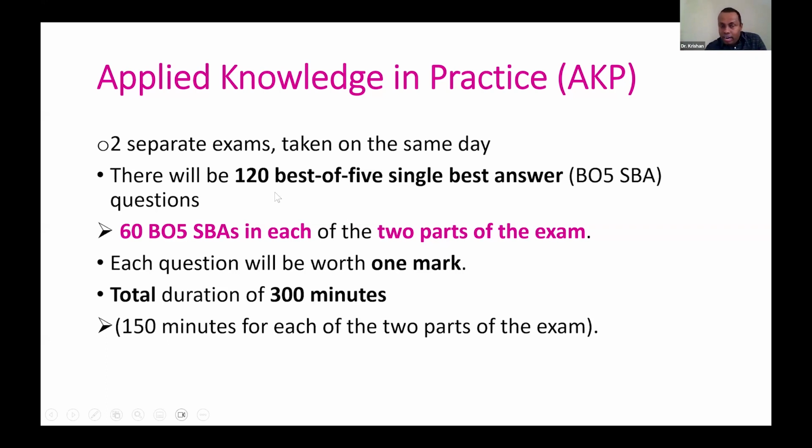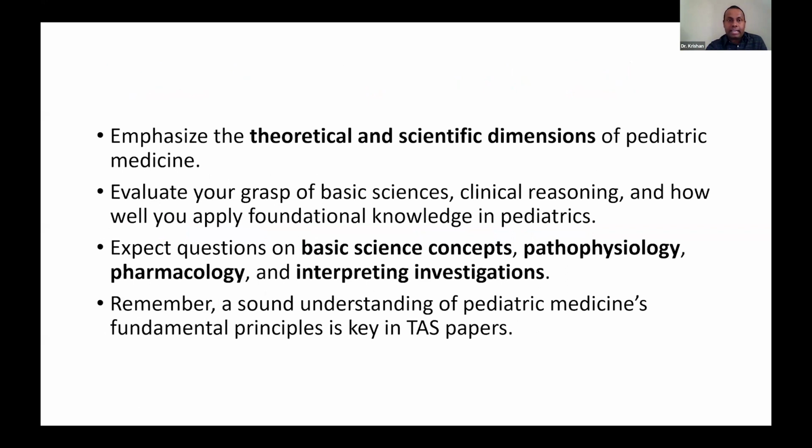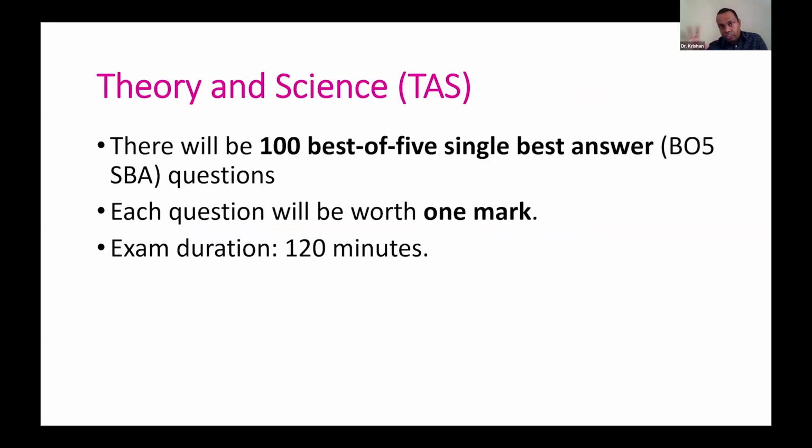So to answer 120 questions, you get 300 minutes. 300 minutes divided by 120, you get roughly 2.5 minutes per question. But if you go to TAS, theory and science, 100 questions, 120 minutes. So nearly 1 minute per question, right?